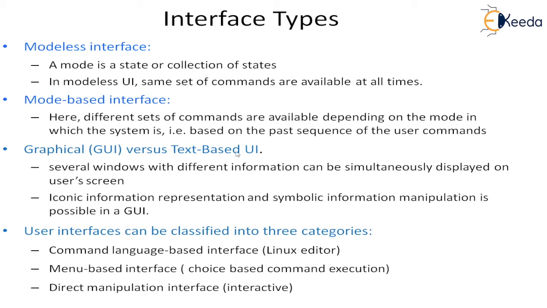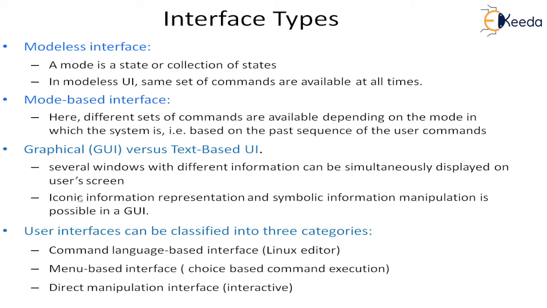Then we have the graphical user interface, and also the text-based user interface. Earlier there used to be only text-based interfaces. Now people prefer graphical. Several windows with different information can be simultaneously displayed on the user screen by using the GUI.